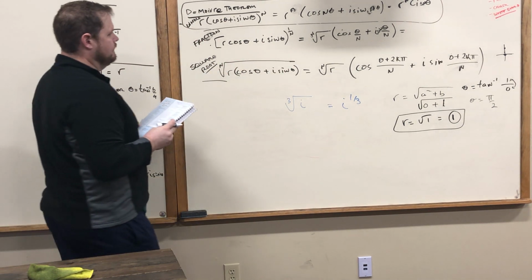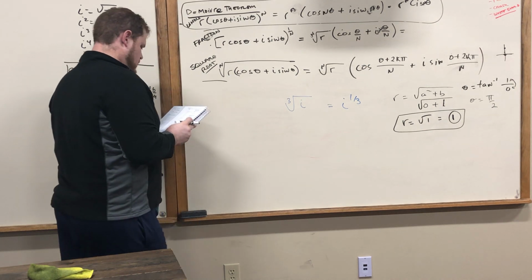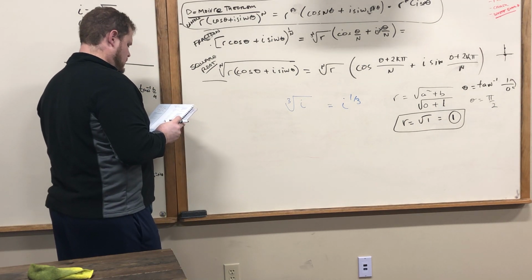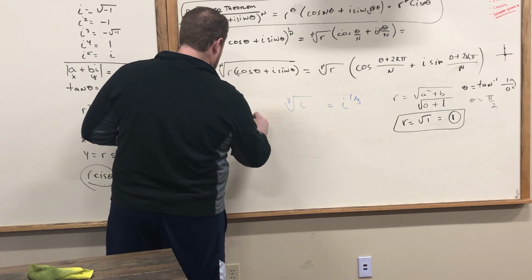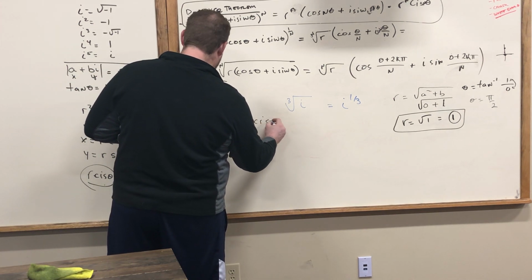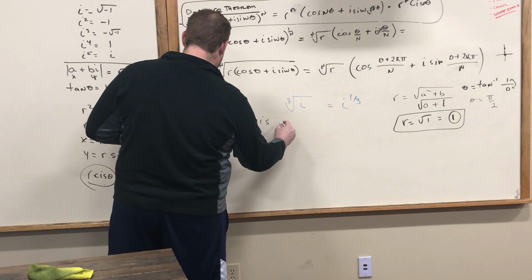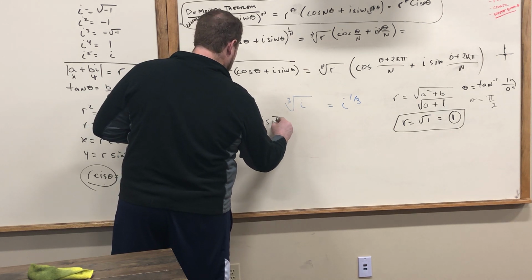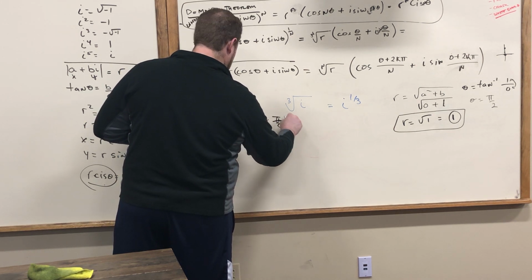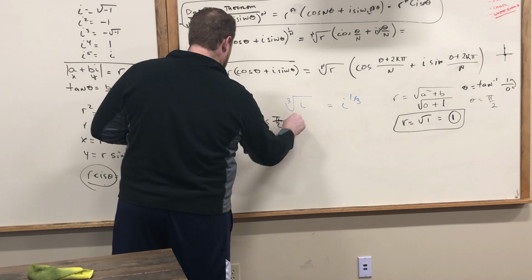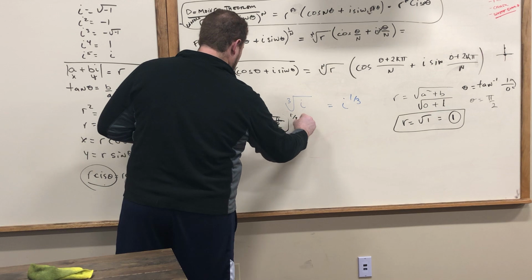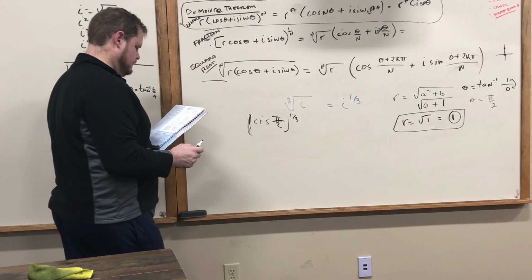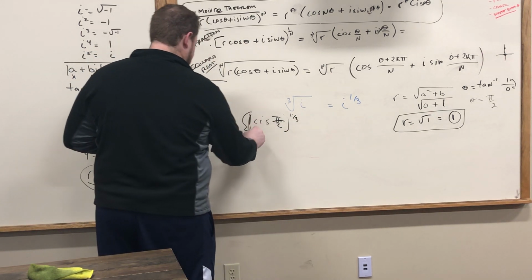So it's going to be 1 cis pi over 2, all to the 1/3 power, the whole thing to that.